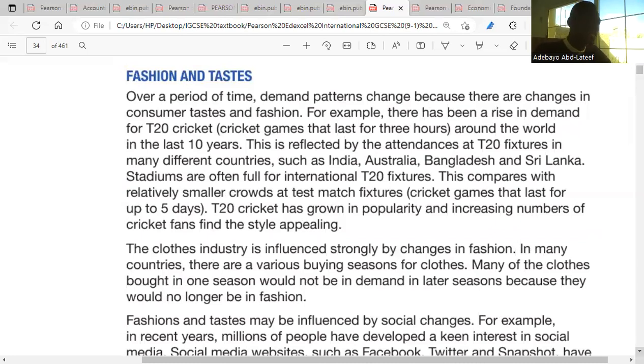When talking about fashion and taste, the demand for a product will rise based on the latest, the trending things. If it's the latest, then the demand for such a product will rise. But for old-fashioned products, their demand will fall. People want to be associated with the latest.